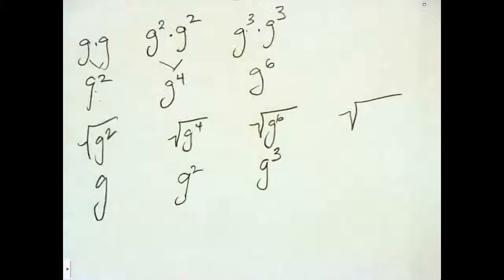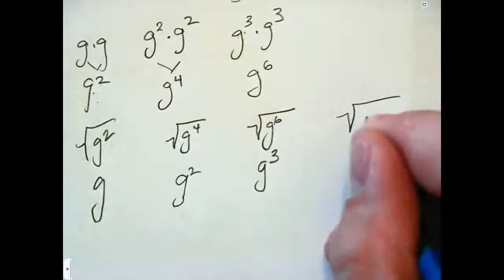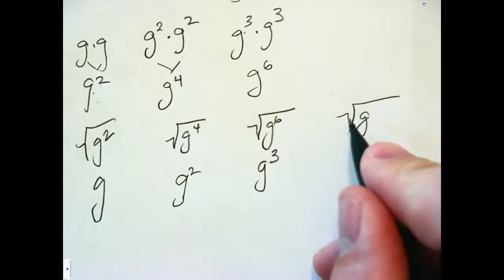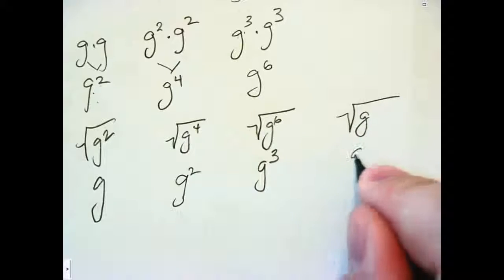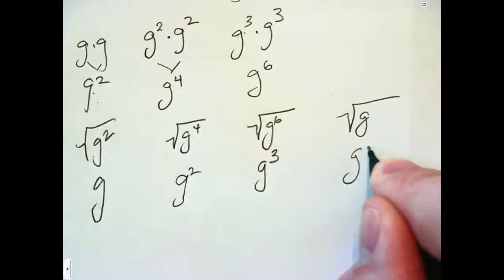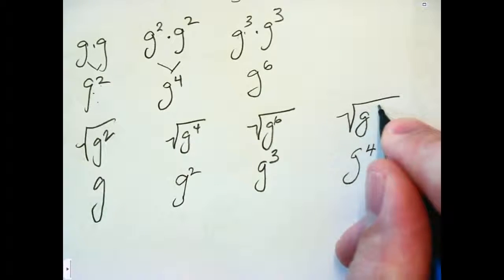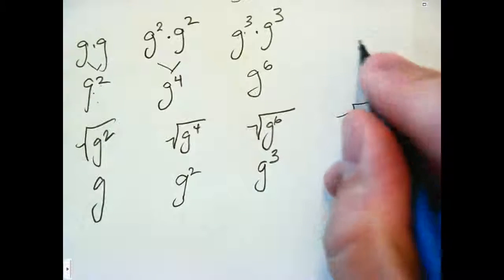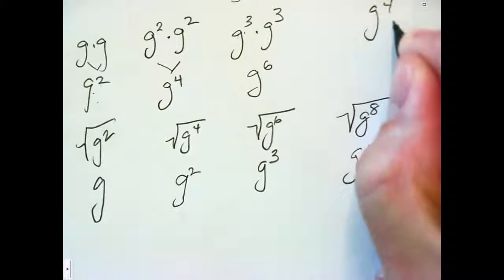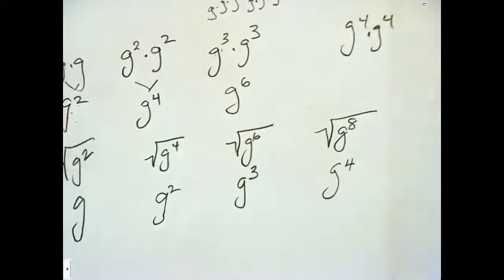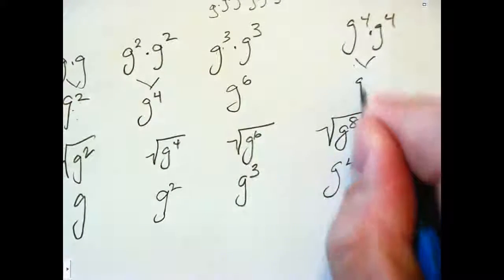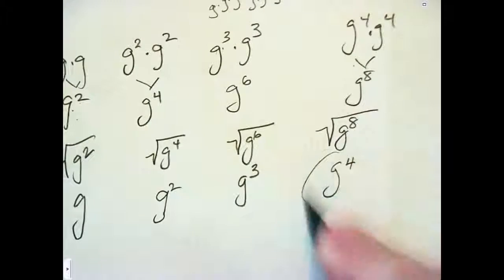Okay, what's the next perfect root going to be for g? Look at your pattern. Well, this is going to be g to the what? 4th, which makes this g to the 8th, that's g to the 4th times g to the 4th. Cool. The square root of g to the 8th is g to the 4th.